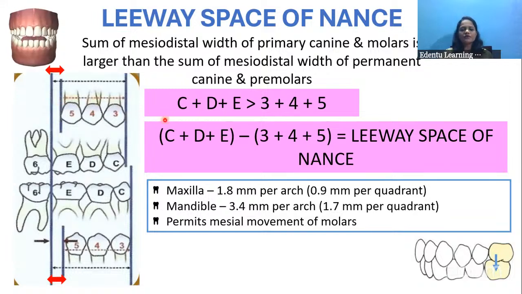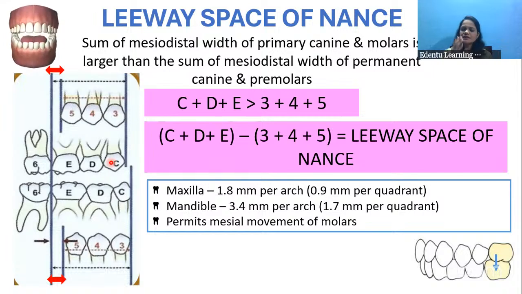The general idea is that the deciduous teeth are utilizing more area when compared to the permanent teeth. So if you subtract the space required for the permanent teeth from the deciduous teeth, a small space will remain. That space is called the leeway space of Nance.